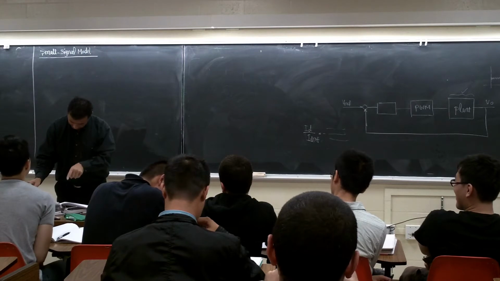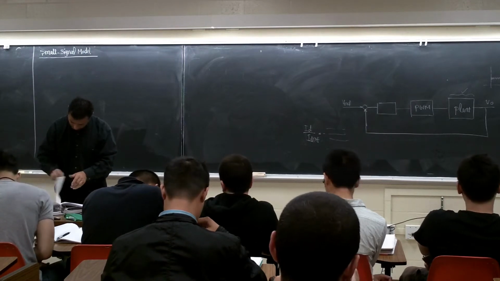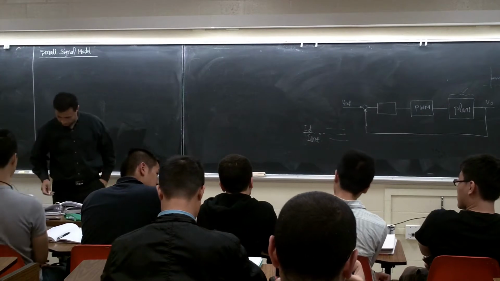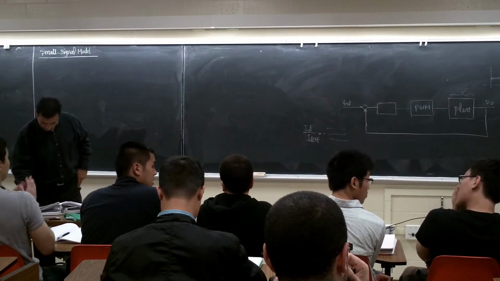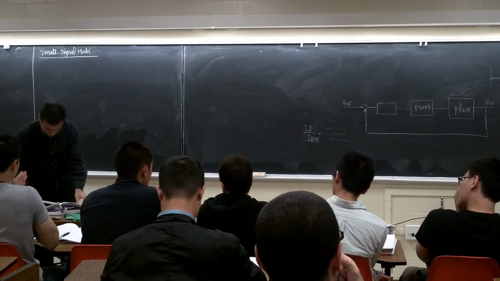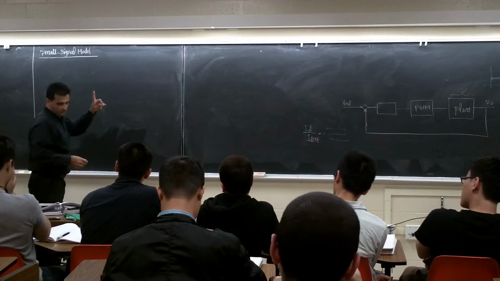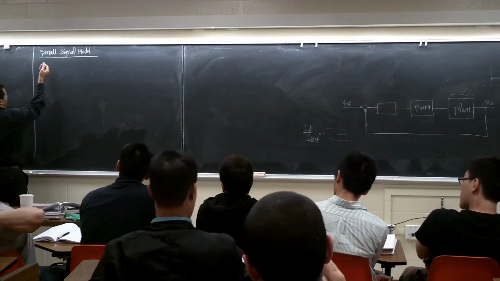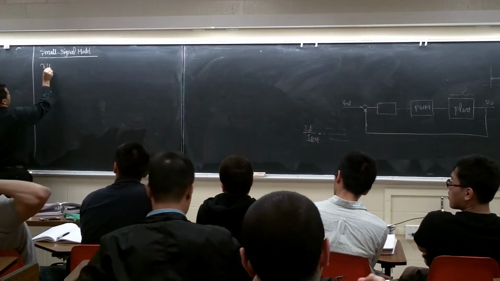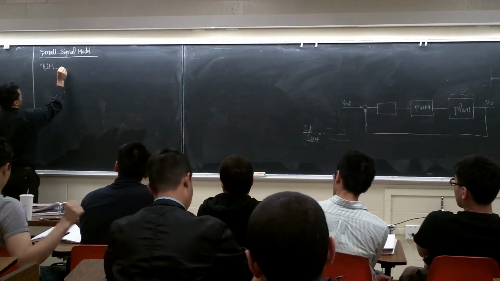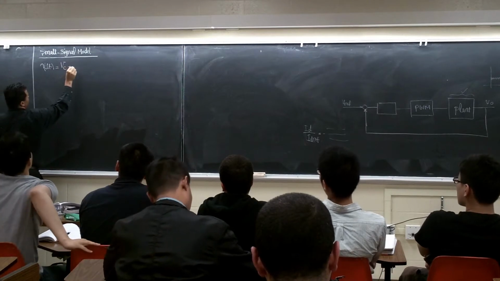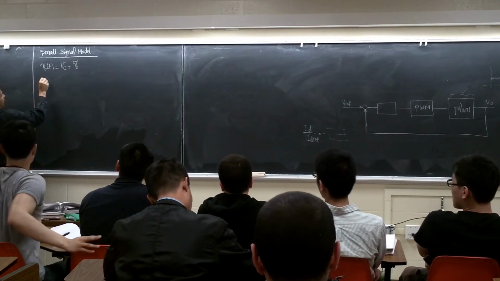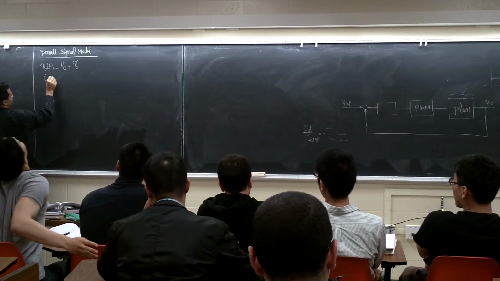Let me see. This is the boost converter. I want to make sure of this. So, as we said, we usually have 4 parameters. I'll put it this way. VCT is going to be VC plus VC tilde, and ILT.